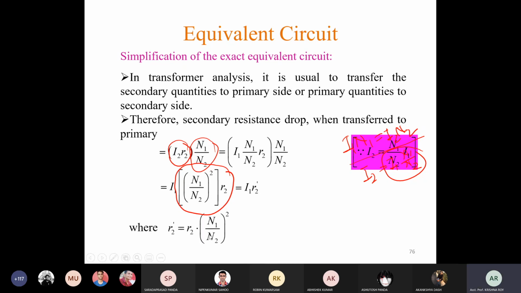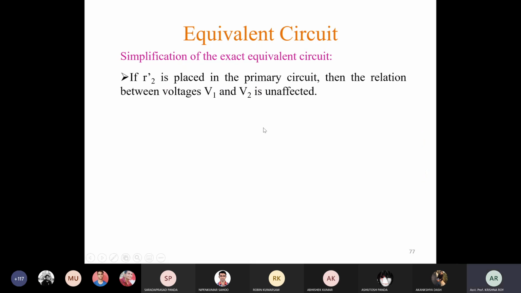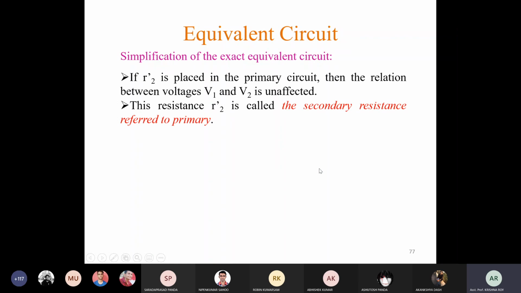Therefore R2 dash is placed in the primary circuit and there is no change in the transformation between V1 and V2. So that transformation remains unaffected. This resistance R2 dash is called the secondary resistance referred to primary. We can say it is the reflection of R2 from secondary to primary.